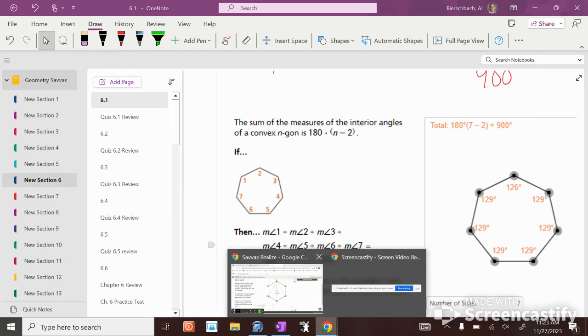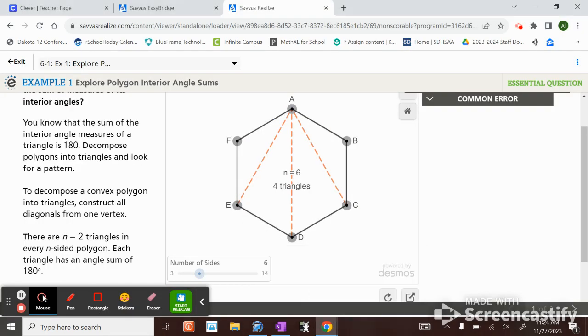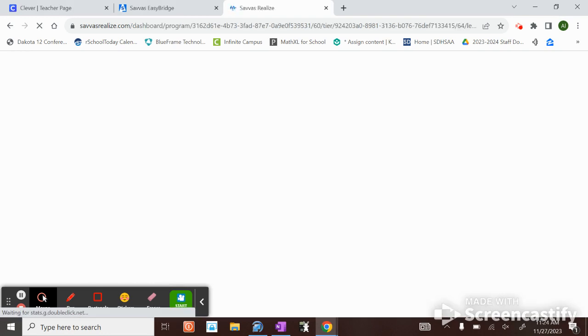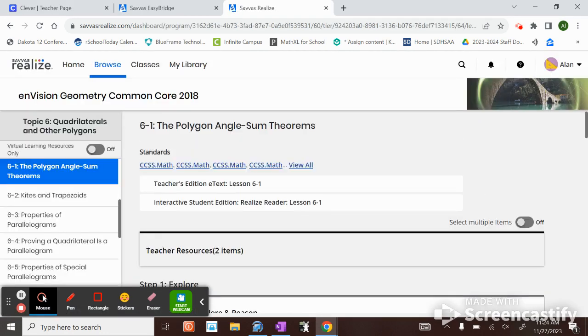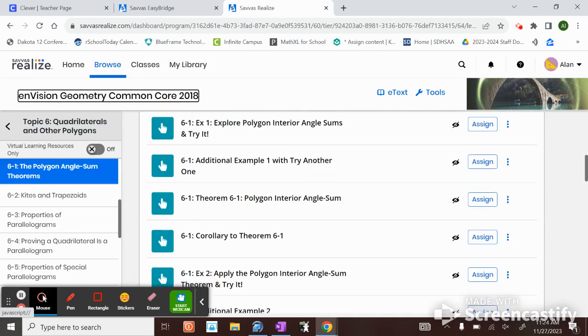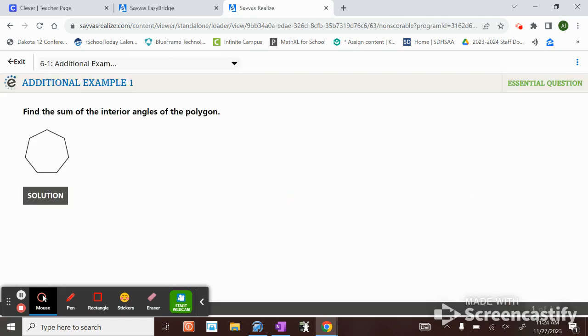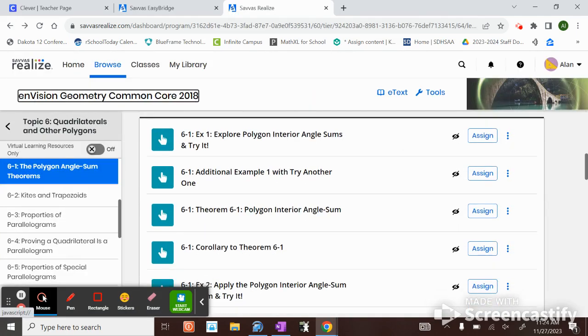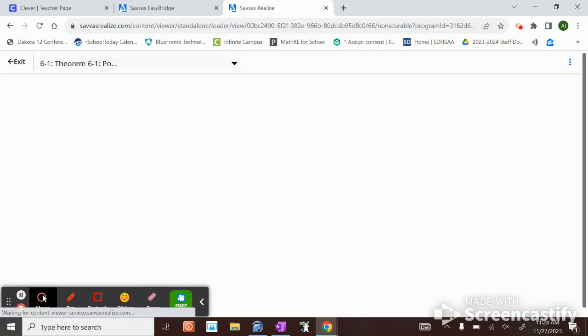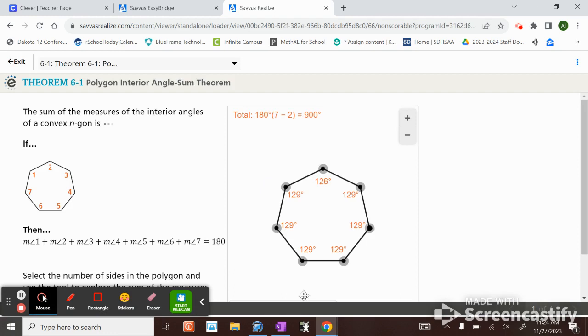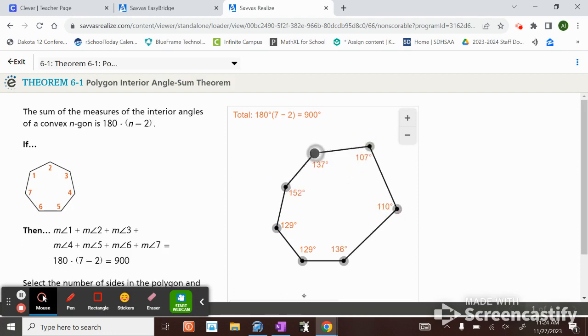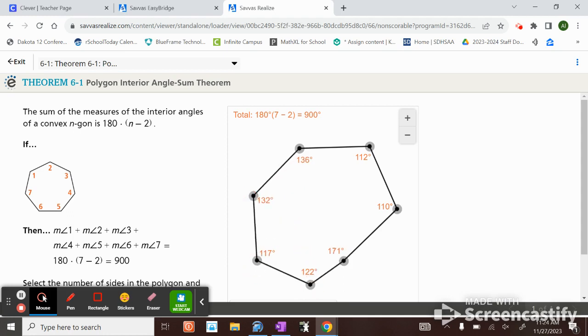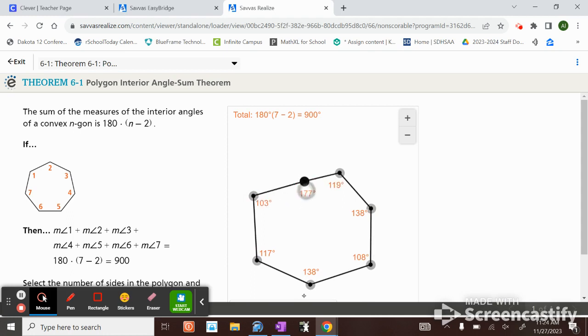Let me show that quick. If I go to the next example, if I grab it and twist it, no matter how I twist it, the angles will always add up to 900 if they have 7 sides.